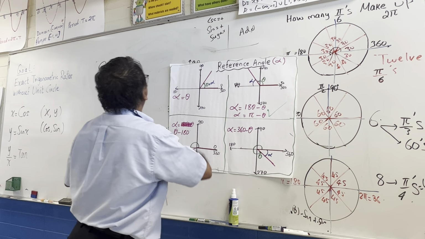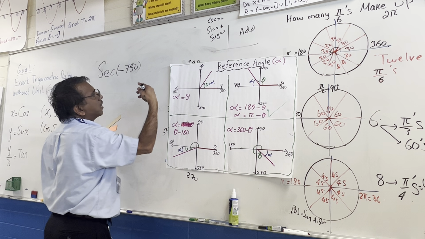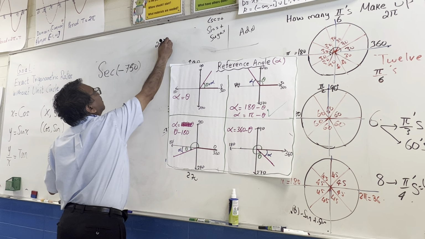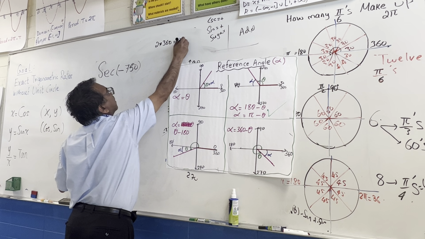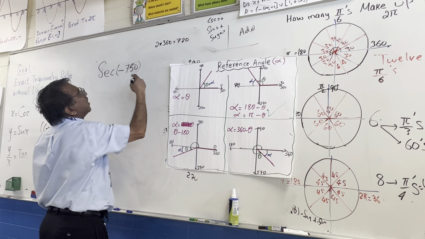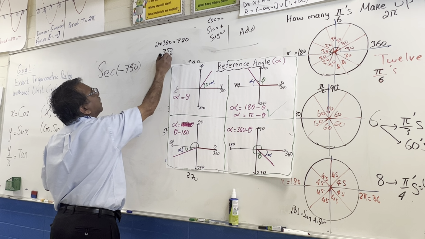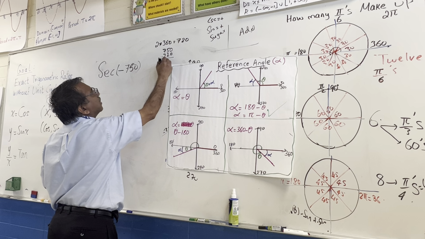First of all, you need to do a little work here. Two times 360 is 720, so how much more is 750? If you take away 720, that becomes 30 degrees.